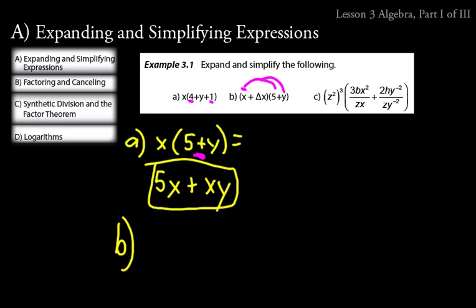And so we'd have x times 5 is 5x plus x times y, kind of like what we had up above in A. We have that same part again, and now we add the delta x on. Delta x times 5 we can just say is 5 delta x, and then delta x times y we can just say that's delta x y.